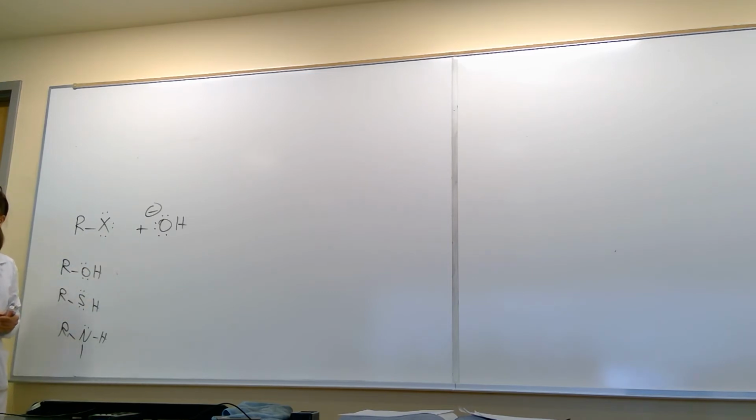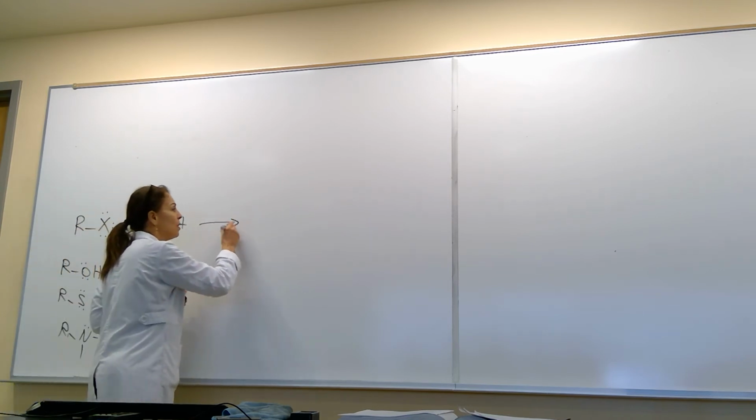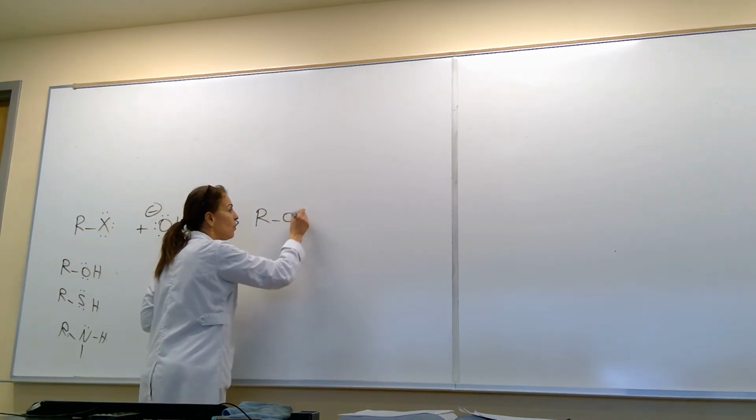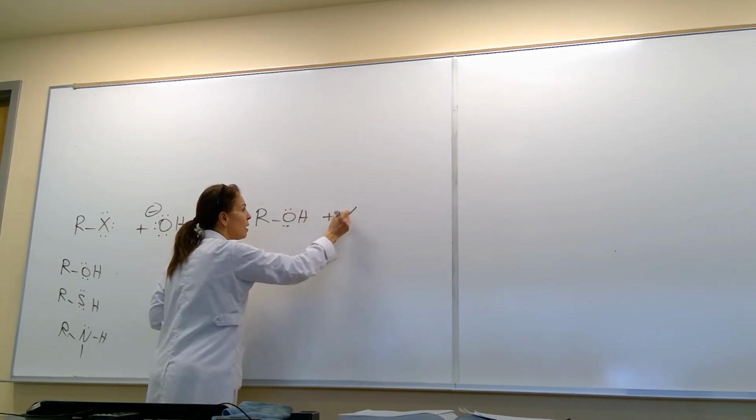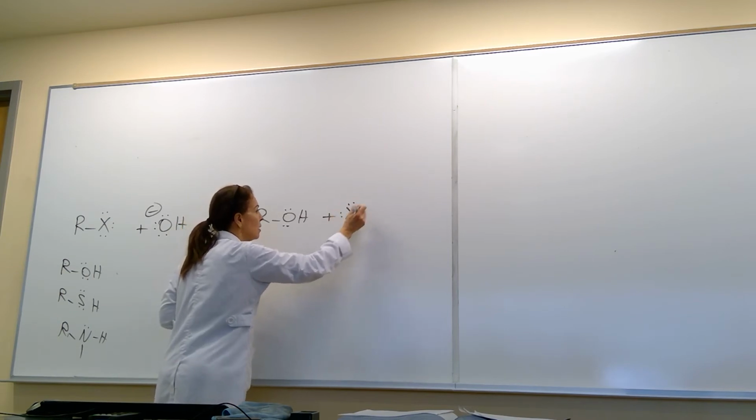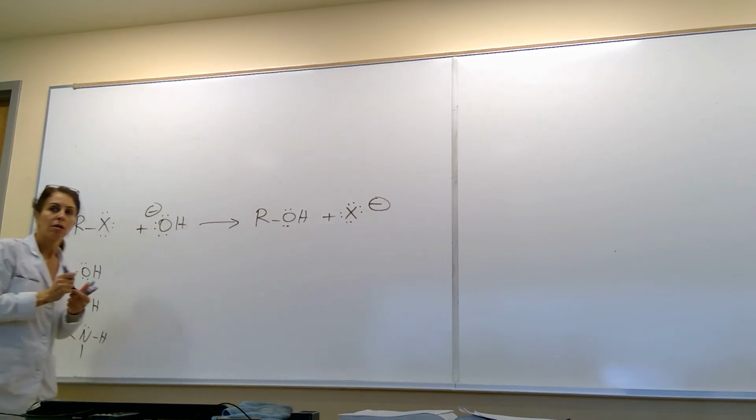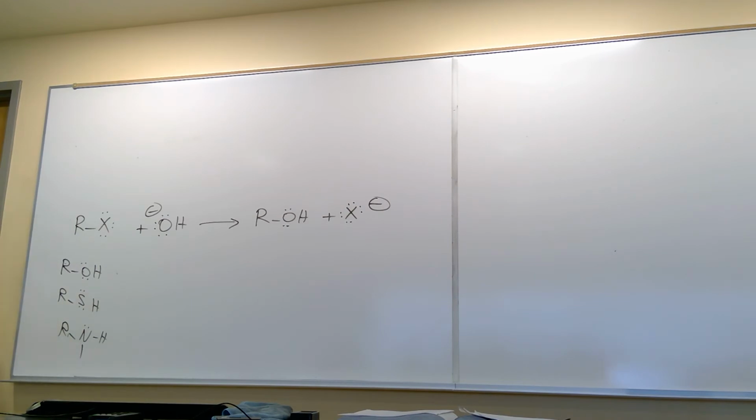What's going to happen? The OH will attach to R, and the halogen leaves. So you end up with ROH plus X minus. So is this reaction going to happen or not?